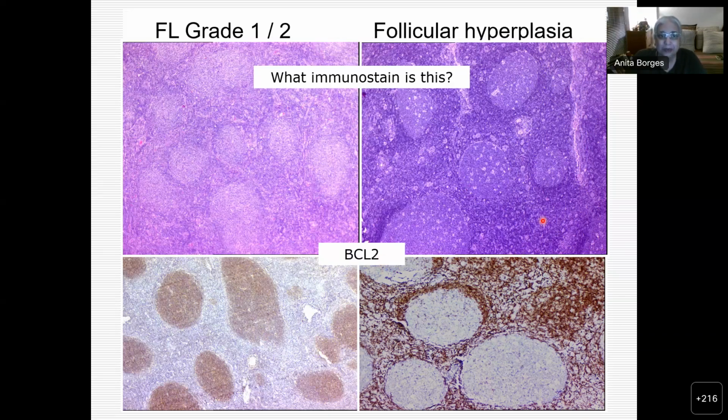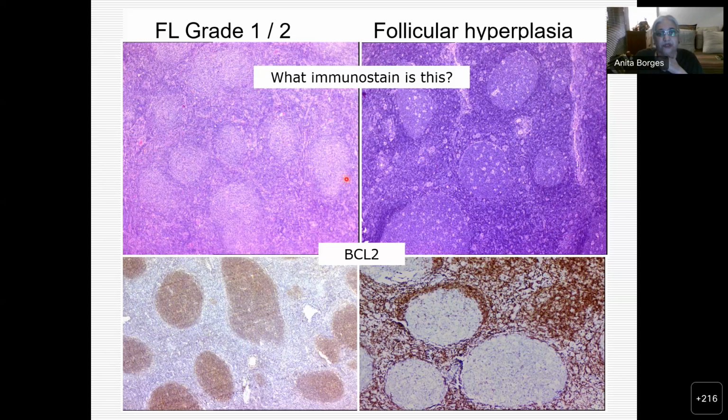Okay, this is BCL2, and you can see the difference between what's on the H&E on the left-hand side, mantle cell lymphoma, and the H&E on the right-hand side, follicular lymphoma. Yes, and what you can see is that there are tingible body macrophages on the right-hand side. You also see there's a T-zone over here, which you know is a T-zone because you can see that there are these high endothelial venules all sitting around over here.